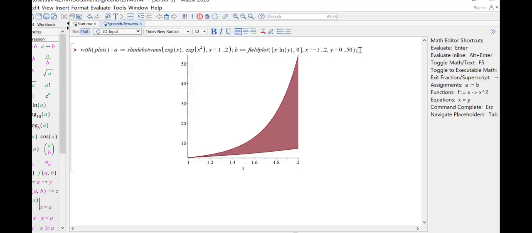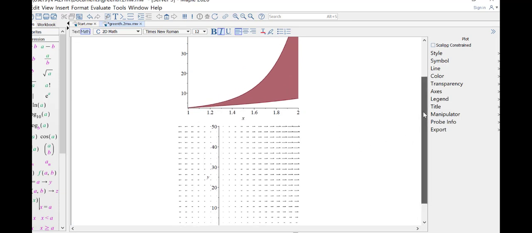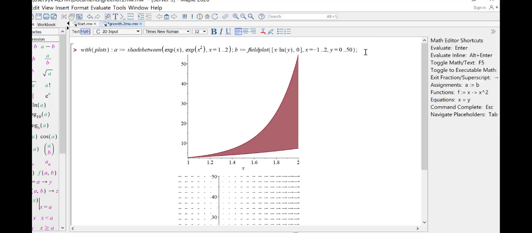If I run this, here is the vector field, and here is the region, but the region is under this vector field. So let me display them in one diagram. So I use the display program between two, with A as the shaded region and B as the vector field. I don't run them separately but run both together, so I put two dots here, like the same column.